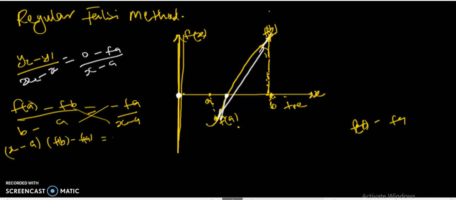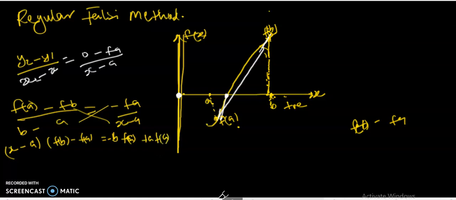This will be equals to negative b f of a plus f of a plus a f of a. Let's get rid of this so that we have space. So it will be, this is b f of a plus a f of a.